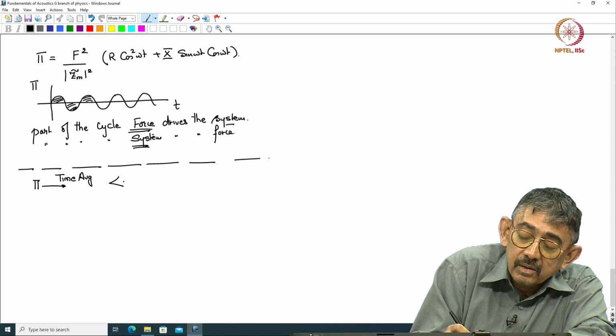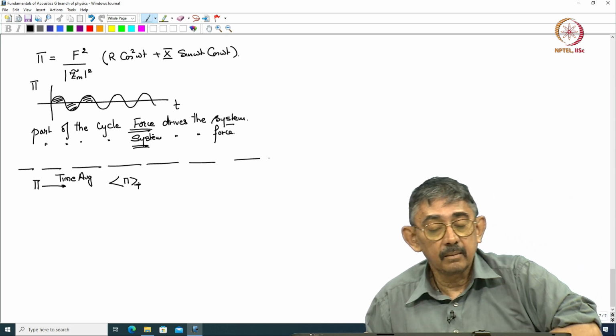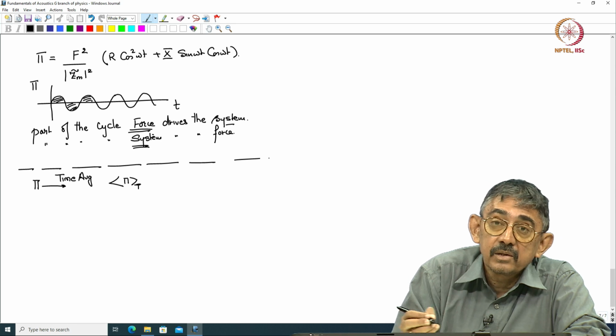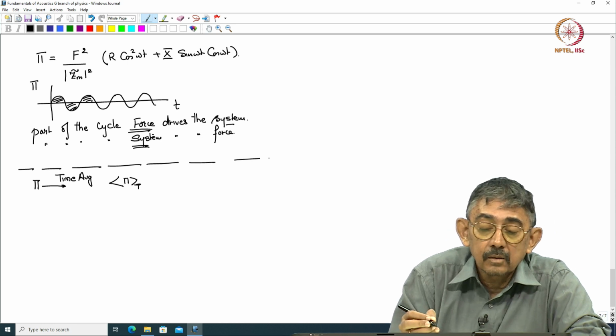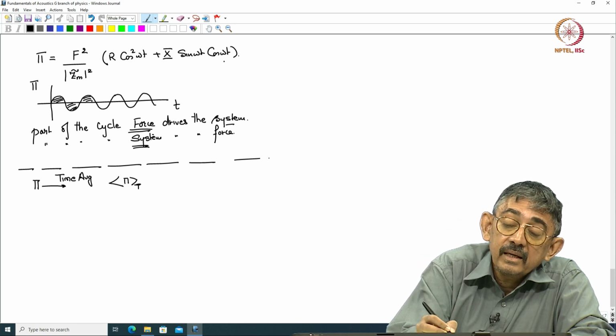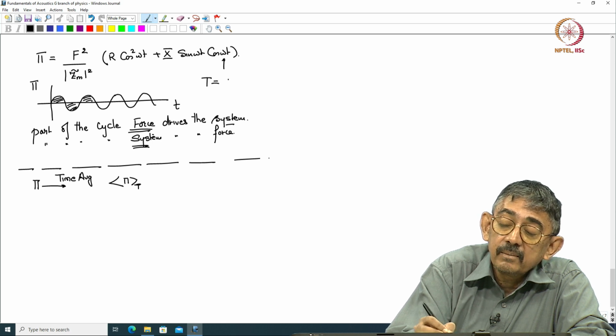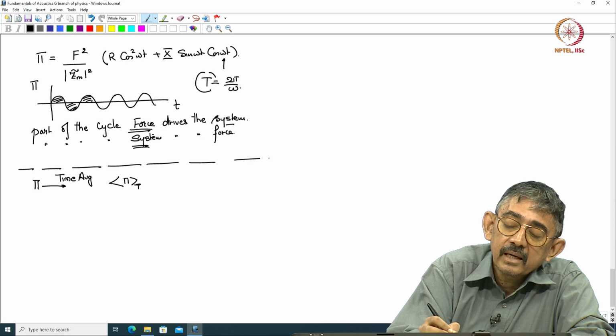And I am going to give this the symbol, power averaged over time. Since we are driving it at a single frequency omega, the time period is 2π by omega, so we will average it over this time period.